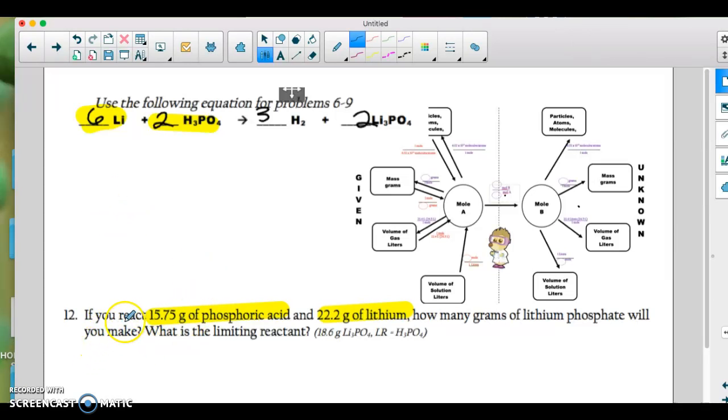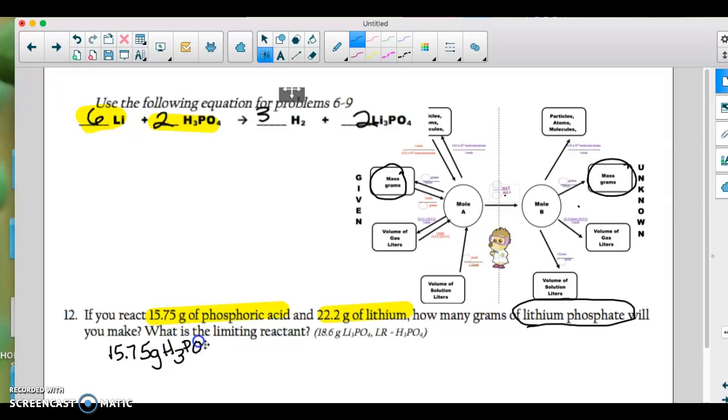So when I do these, you can see in the question, I'm going to grams of lithium phosphate. So I'm going to end using lithium phosphate. Starting over here, going to mole, mole, and then to grams. For the question though, there's actually two stoich problems, so you'd want to take each one.